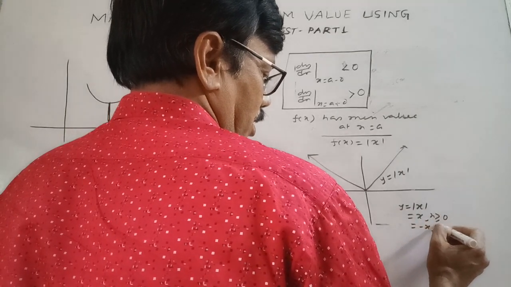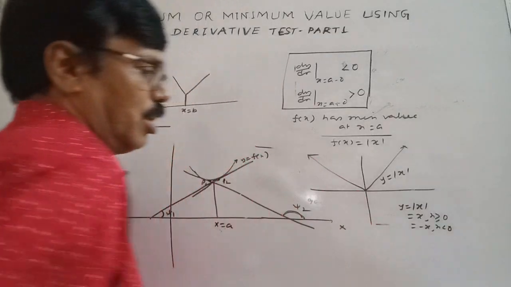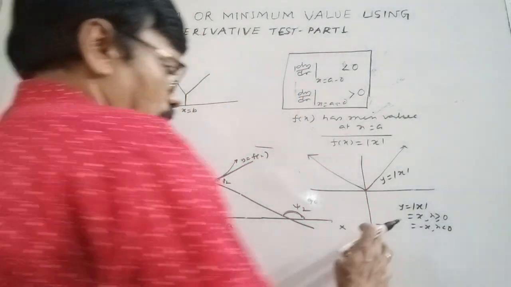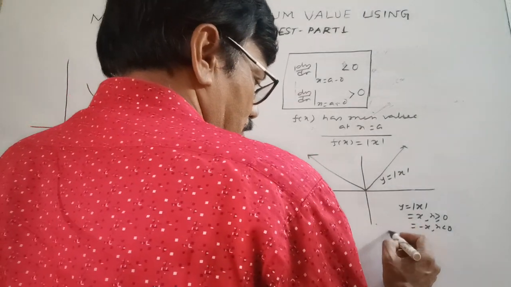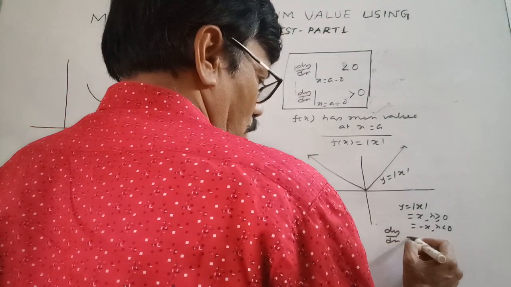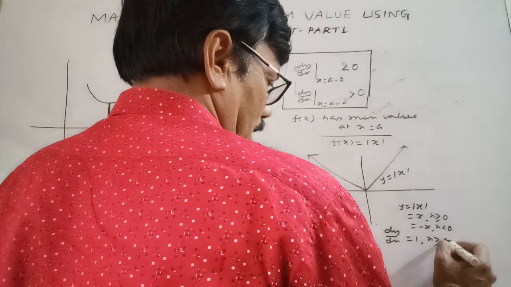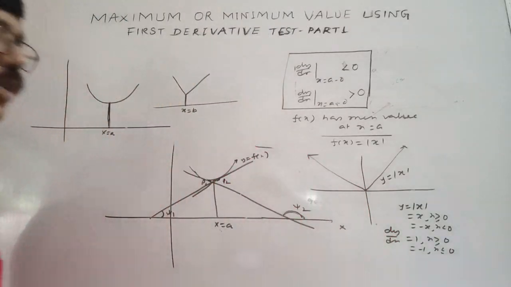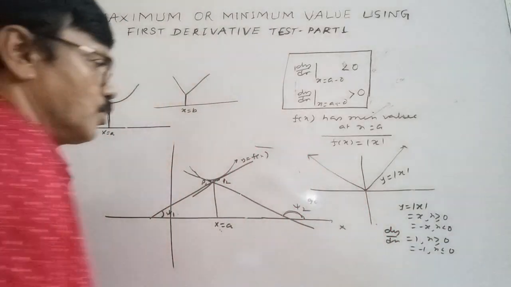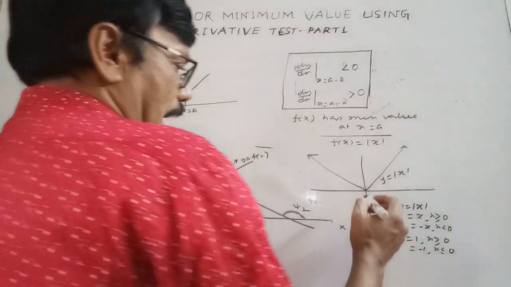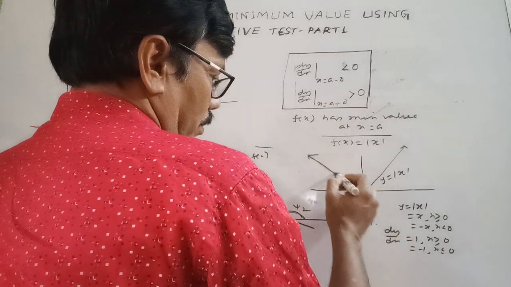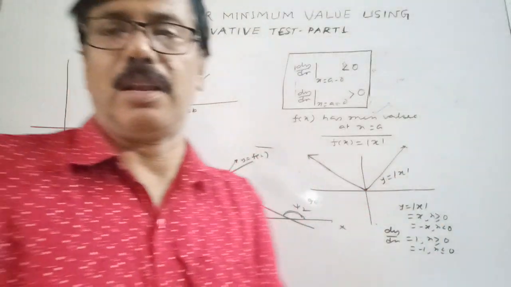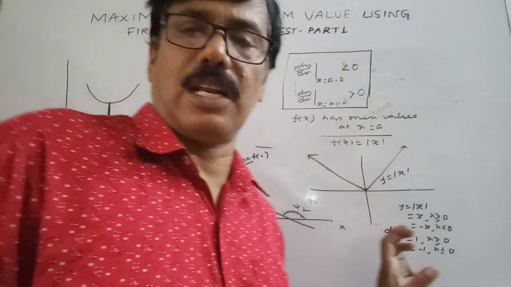It is a continuous curve, x less than 0, or you can take equal to 0 also. Now, dy by dx equals 1 for x greater than or equal to 0, and minus 1 for x less than 0. So what we are noticing, at x equals 0 from the graph, mod x has minimum value. From the graph, it is clear.